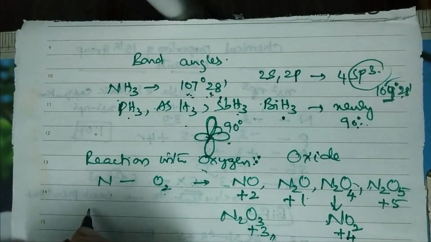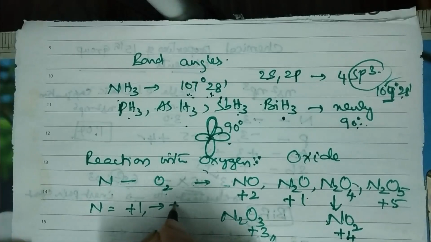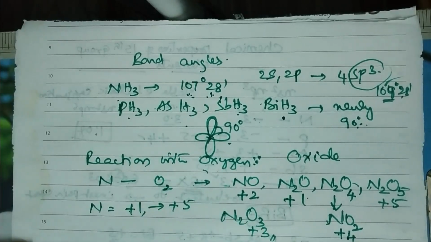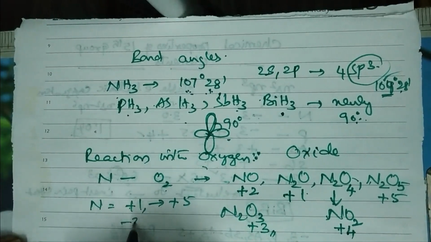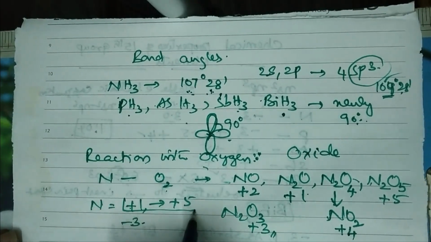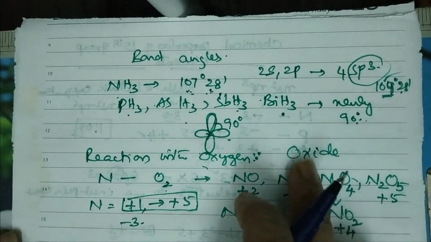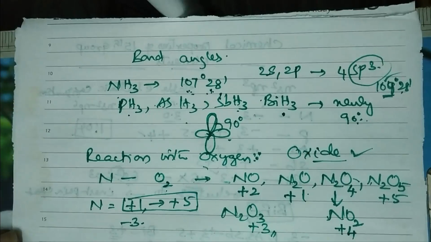So nitrogen shows +1 to +5 oxidation states instead of the -3 oxidation state. It shows +1 to +5 oxidation states only in oxide compounds. In the remaining compounds, it always exhibits only the -3 oxidation state.